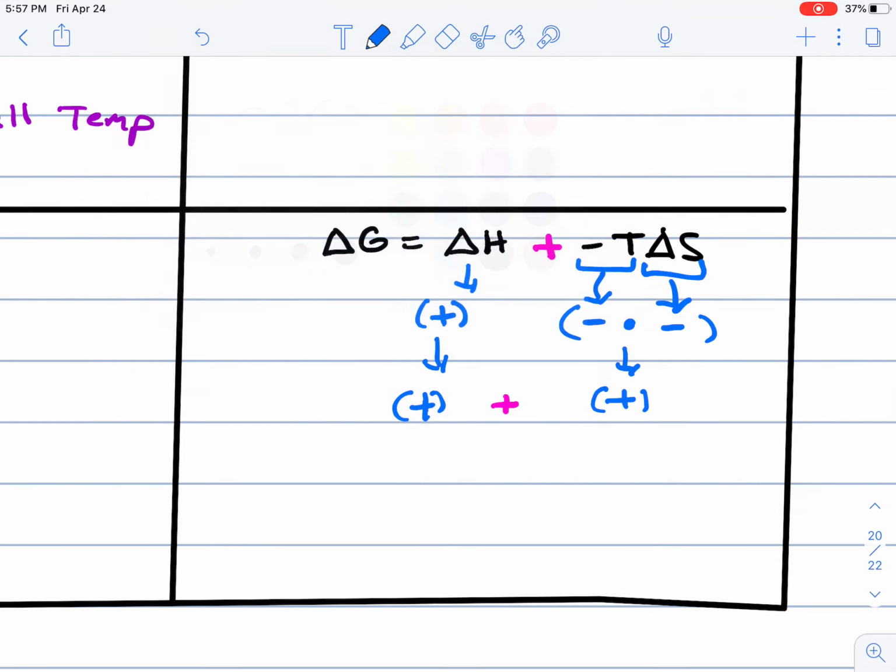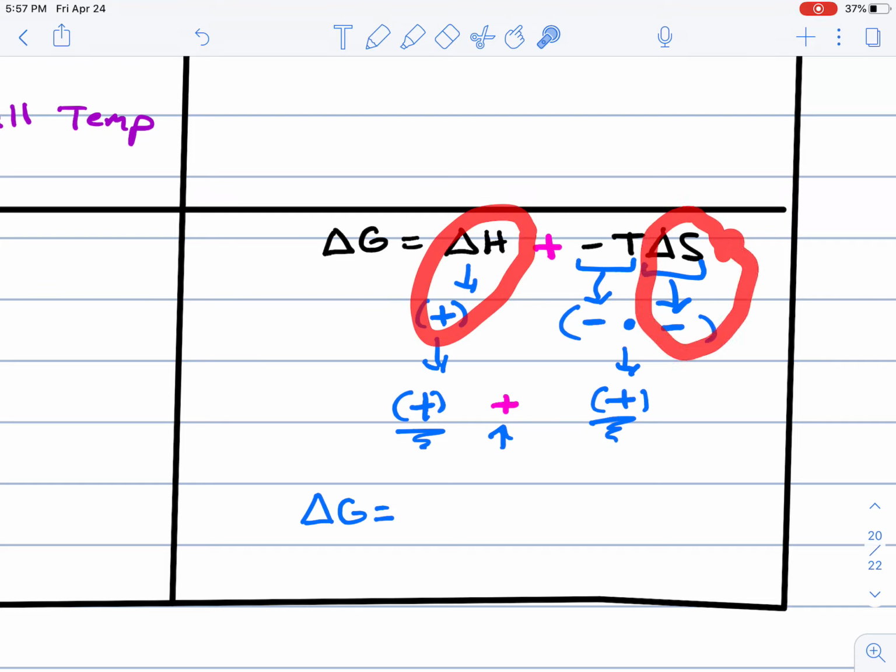Okay. So what is positive plus positive? Well, it's a positive value. And so this is telling us that at all temperatures, when you have a combination such that enthalpy is positive and entropy is negative, then our Gibbs free energy will be a positive value.